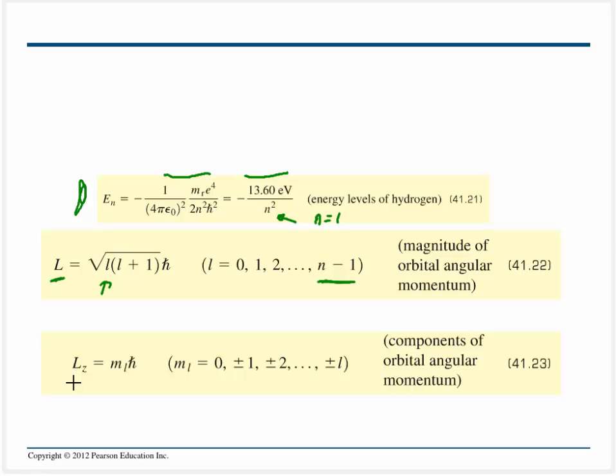We also find that the z component of the orbital angular momentum has to be quantized, where it's related to this quantum number m sub L multiplied by h bar, and L is what dictates these quantum numbers. One thing to keep in the back of your head is that these can be plus or minus, where these cannot, and that is related to whether the electron is going clockwise versus counterclockwise, kind of.